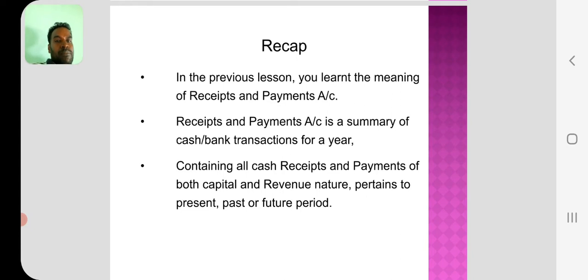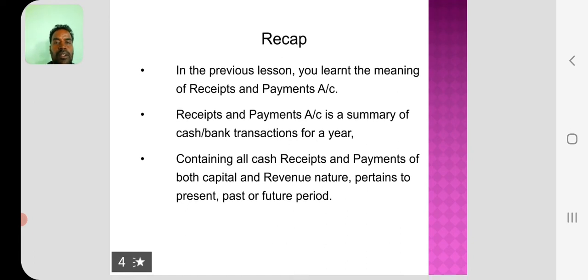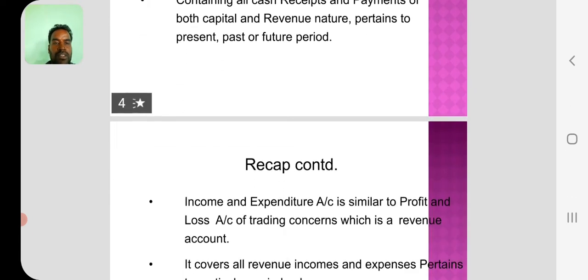As a recap, in the previous lesson, we learned the meaning of receipts and payments account. Receipts and payments account is a summary of cash book or bank transactions for a year. It contains all the cash receipts and payments, both capital and revenue in nature, irrespective of present, past, or future.